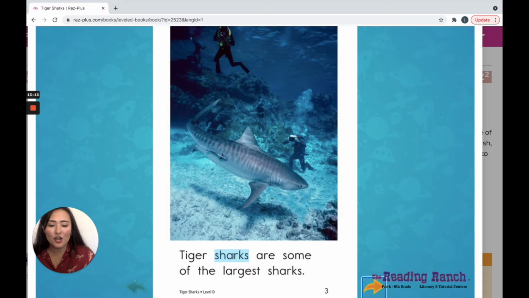Tiger sharks are some of the, this is a weird G. This G is going to say J. So largest, largest sharks. Great job.